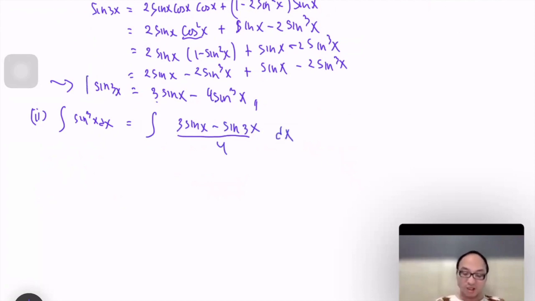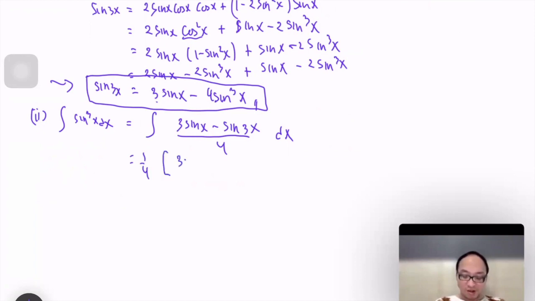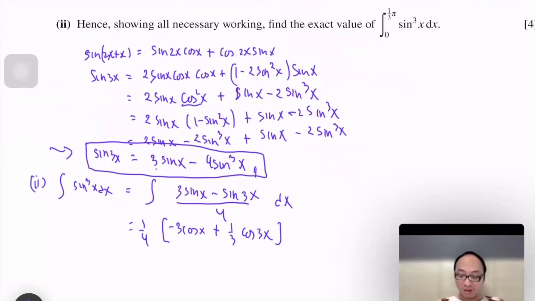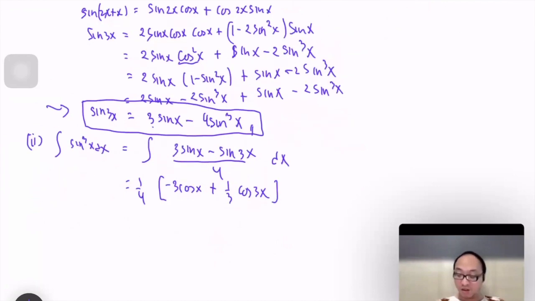Yeah, using this answer. So equals 1 over 4, 3 cos x negative plus 1 over 3 cos 3x. Put the limit 0 until 1 over 3 pi.